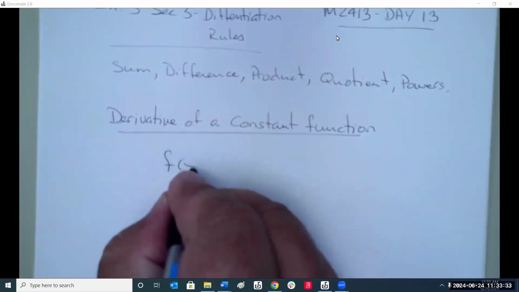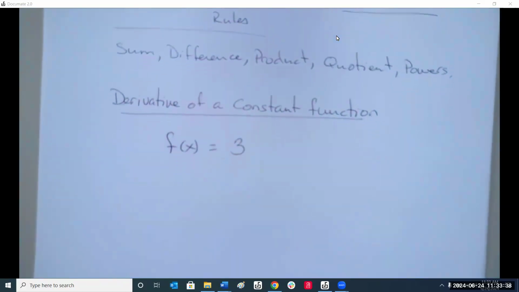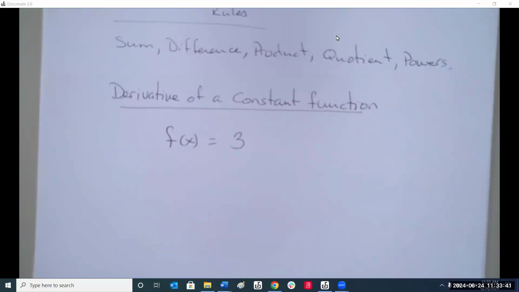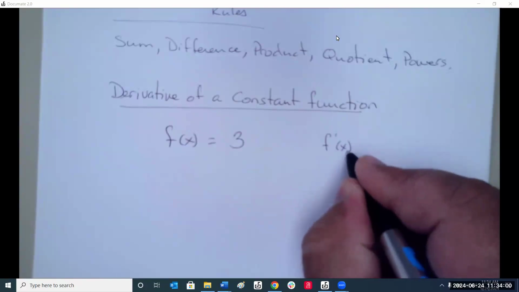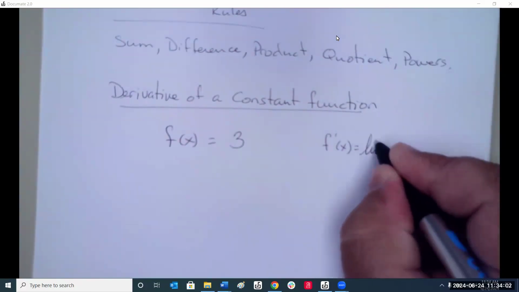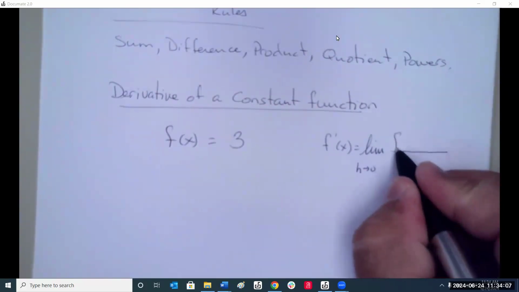We have a function, f of x equals some number, say 3. The derivative of that function would be what? Because up until now, how have we defined the derivative? Up until now, we've defined the derivative as the limit as h goes to 0 of our difference quotient.